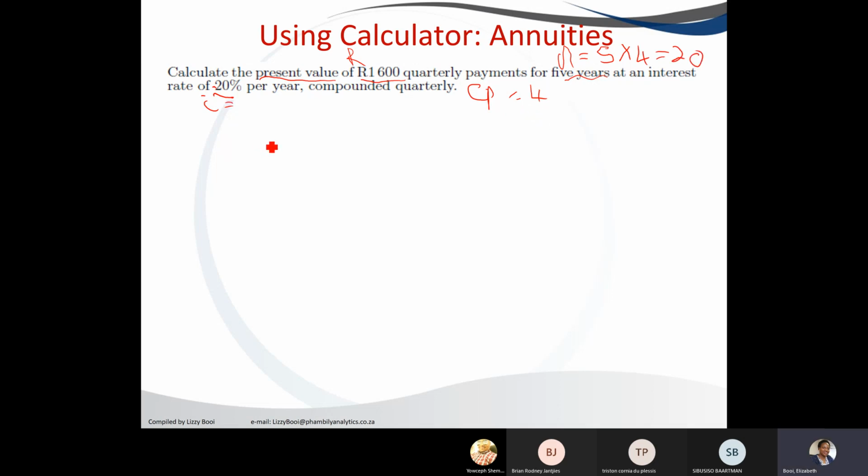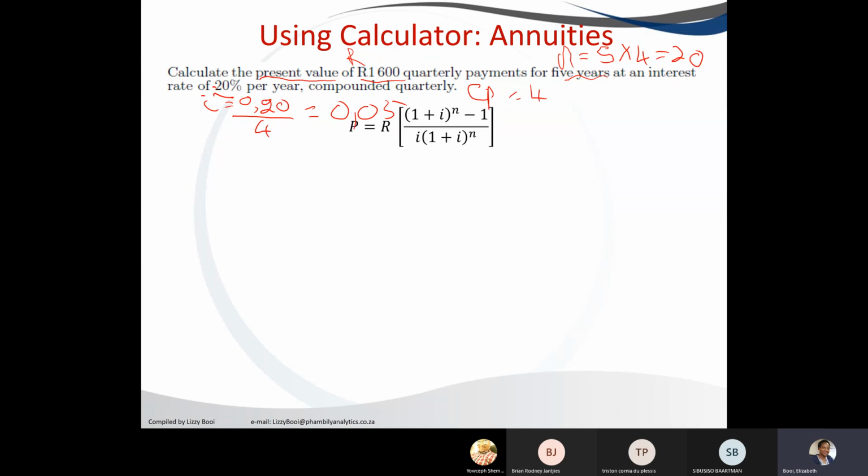And we divide our interest, 20% divided by 100, which is 0.20, divided by 4, which is equal to 0.05.